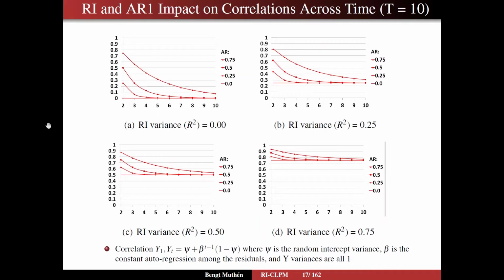And again, the correlational contributions will be different for different models, RI-AR2 or for RI-ARMA. RI-ARMA, for instance, has a longer lasting correlation across time on top of the random intercept contribution.